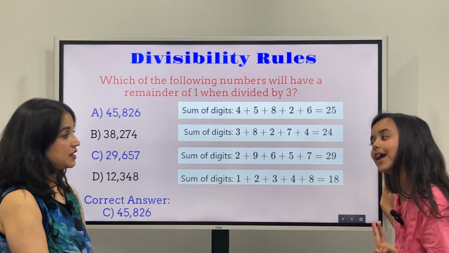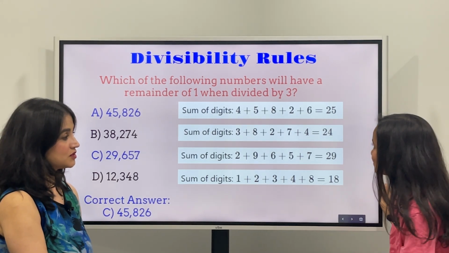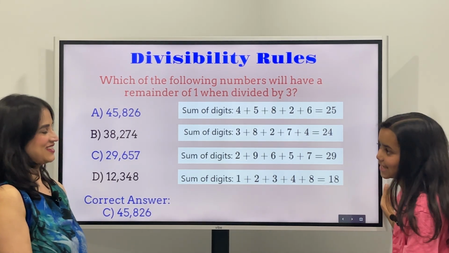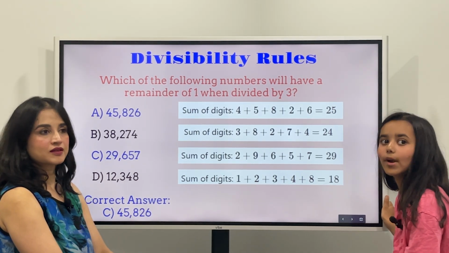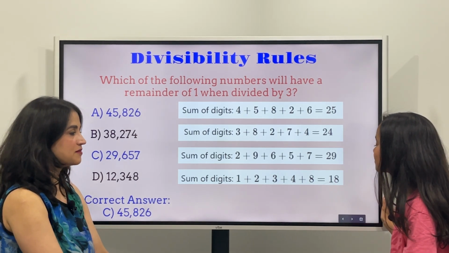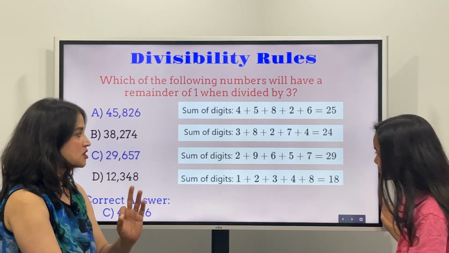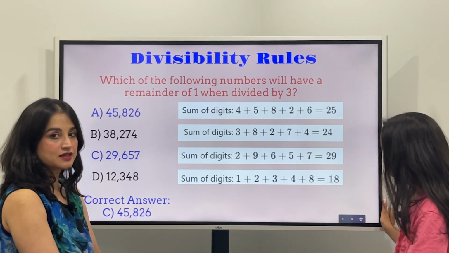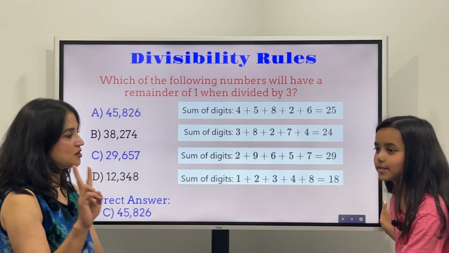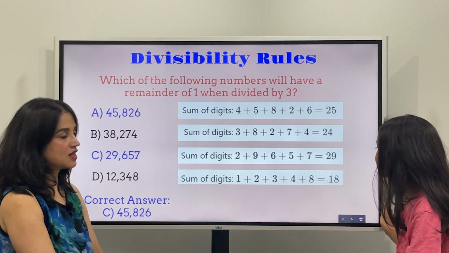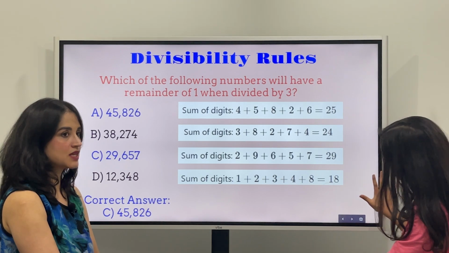The remainder is 1. 3 times 8 will be 24, so it will be remainder 1. 24 divided by 3 would be 8 and remainder will be 0. And 29 divided by 3? Remainder 2, since 3 times 9 is 27. And 18 is 3 times 6, and the remainder is 0.